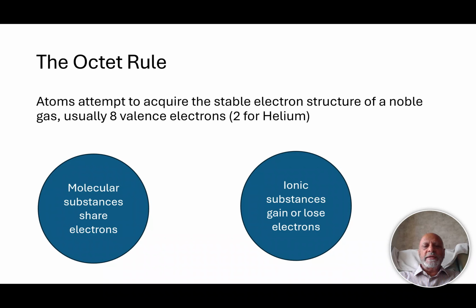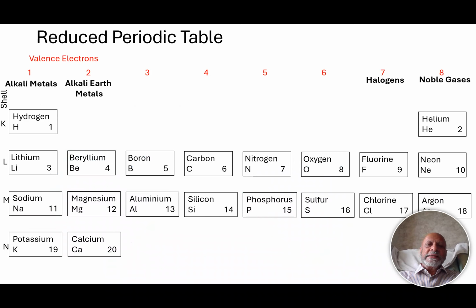While it is 2 for helium, it's 8 for the others. And if you have a molecule, they share electrons, and an ion gains or loses electrons, as we'll discuss in the next chapter. So now let's go look at the same periodic table again.